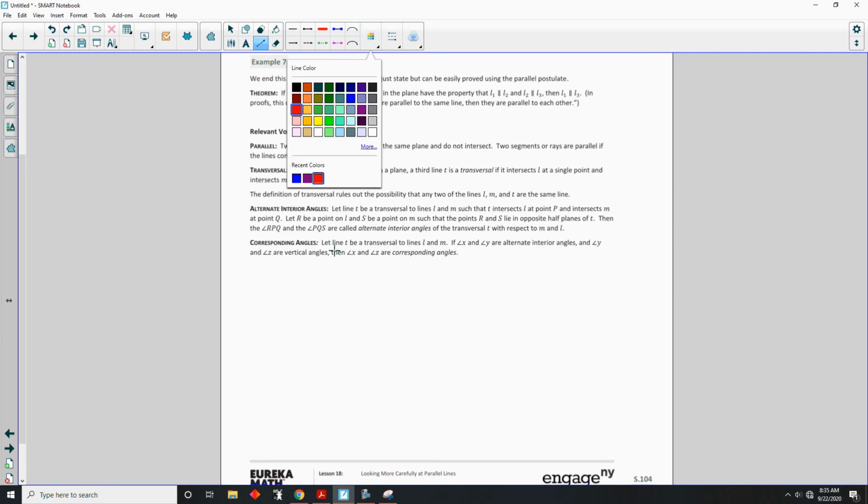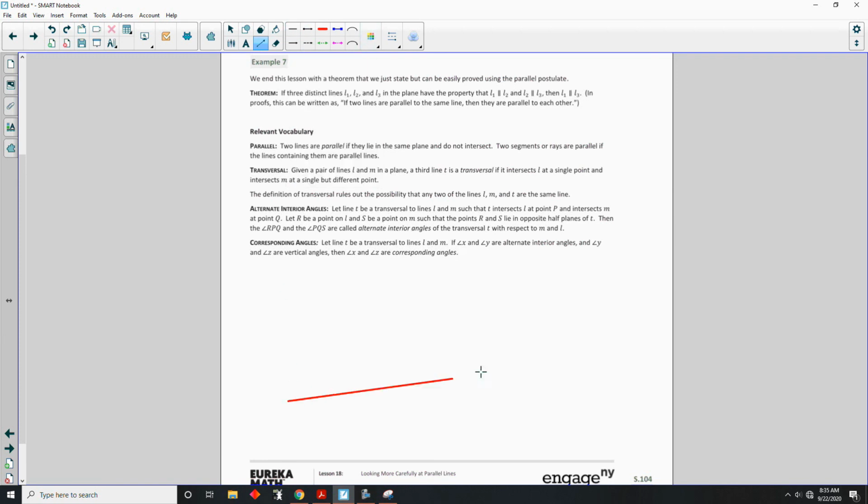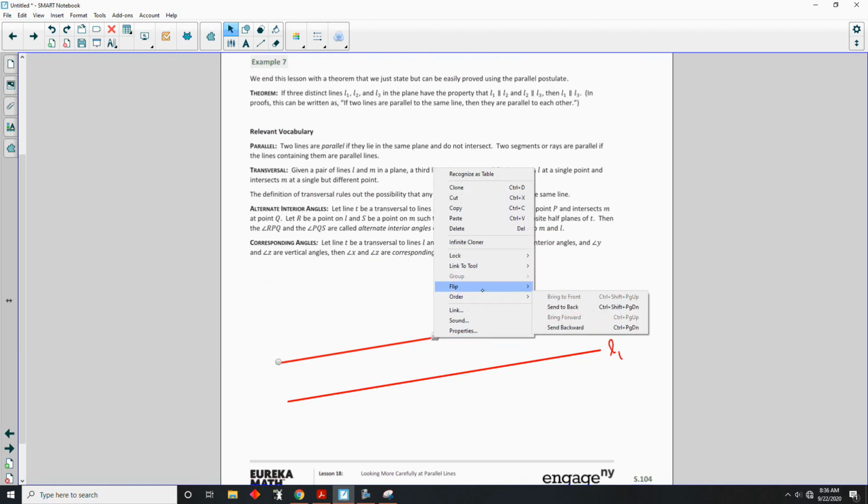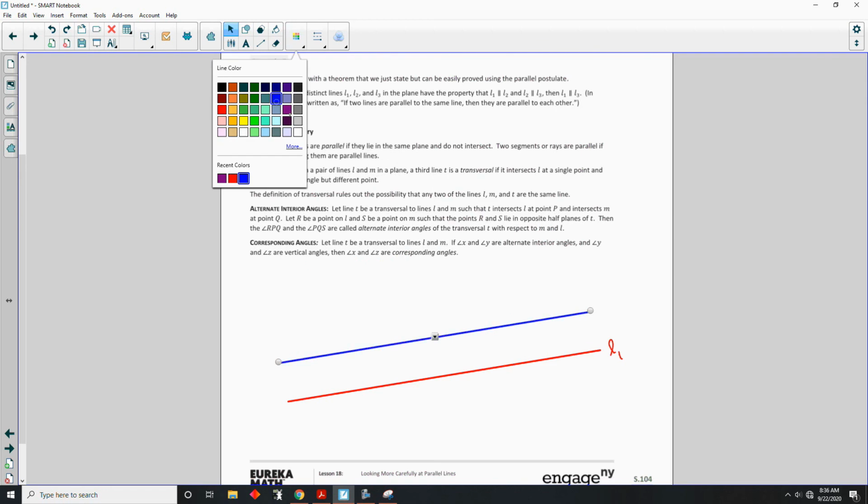Okay, so if this is L1, okay, like so, and let me label it L1, and then I draw a parallel line to that. So in order to make sure it's parallel, I'm going to copy and paste it, and then I bring this line down here and change its color. How about I just do this?